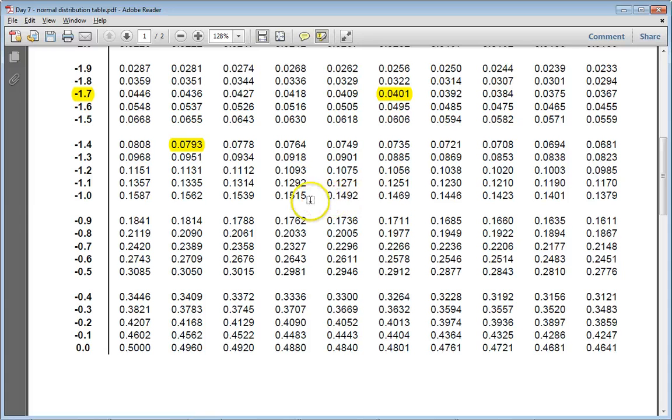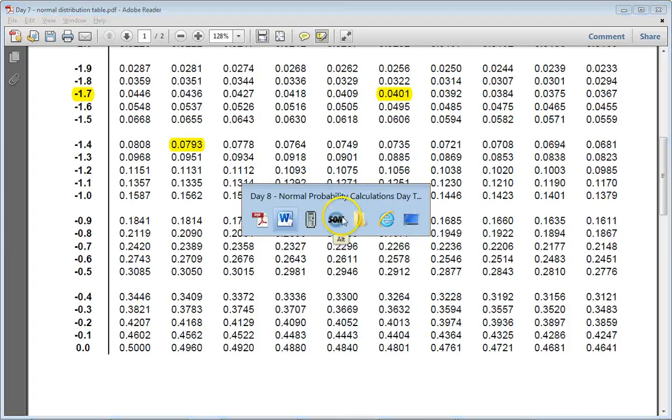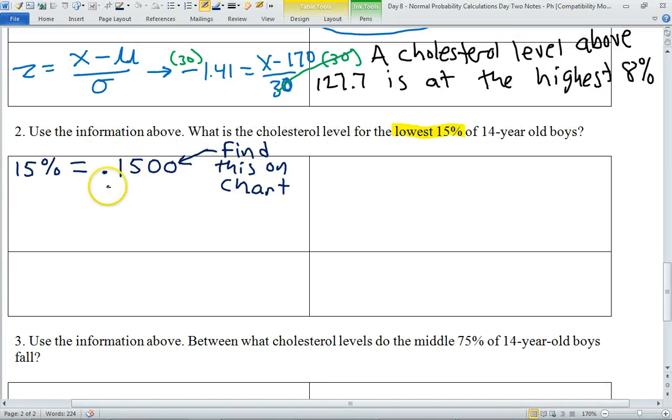It's somewhere between these two. Which one is closer? Well, this is 15 away, but this one is only 8 away, if you can see that. So this is the one that I want, 0.1492.